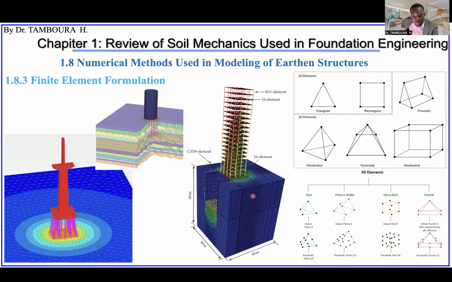This one is maybe simple in terms of calculation. These are more complex, but maybe more interesting in terms of capacity and better results. But the difference is not that much actually.